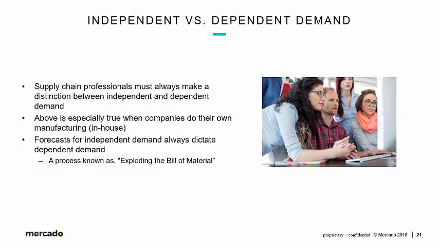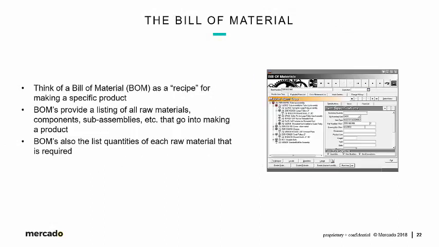We've heard about bills of material a couple of times now, BOMs as they're often called. Let's elaborate a bit on that. The definition of the bill of material. In simplistic but powerful terms, think of a bill of material, a BOM, as a recipe for making a specific product. What are we going to make? What are the ingredients that go into it? It is the same exact concept. Why is that? Because BOMs provide a listing of all raw materials, components, subassemblies that go into making a product.